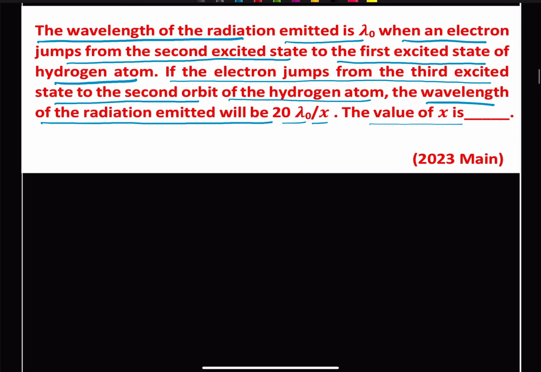So in this case, the wavelength is our lambda naught when the transition is from second excited state to the first excited state.